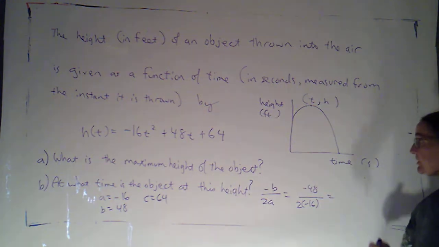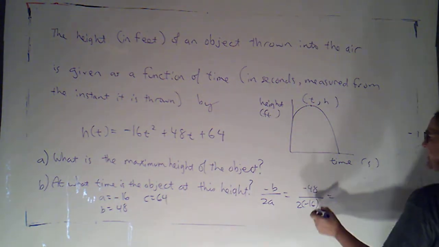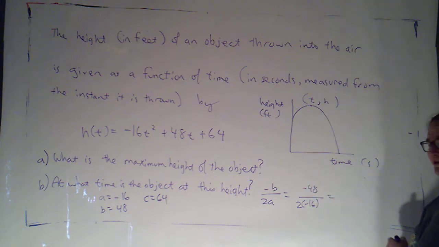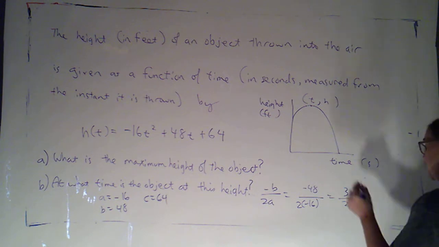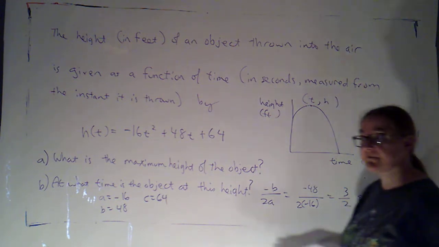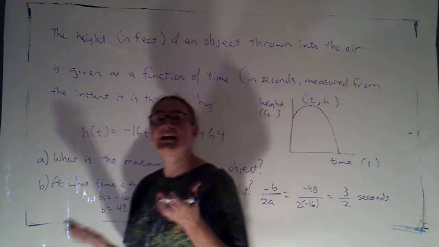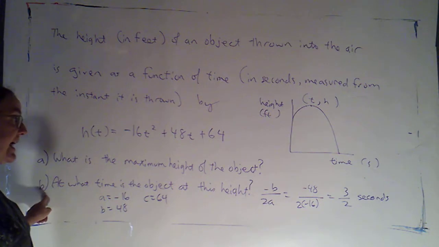Those negatives will cancel, and I can reduce things a good bit, because 16 actually goes into 48 3 times. So this is just going to be 3 halves. That's 3 halves seconds. So basically 1.5 seconds after we've thrown this into the air, it's going to be at its maximum height. That's the answer to part A.